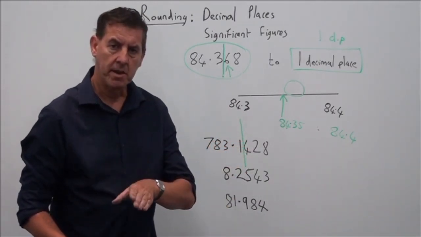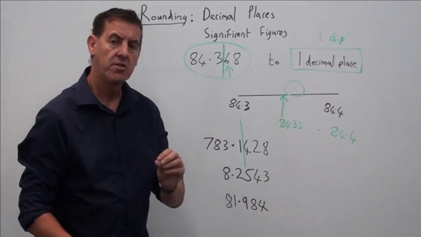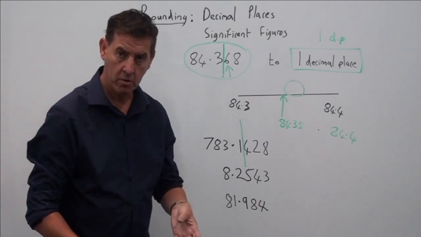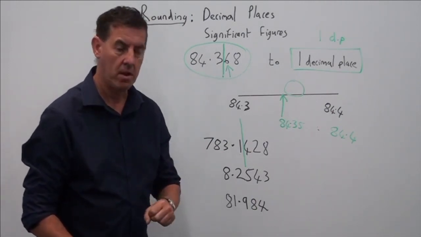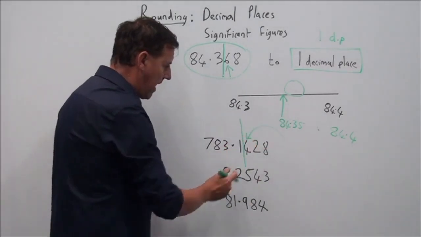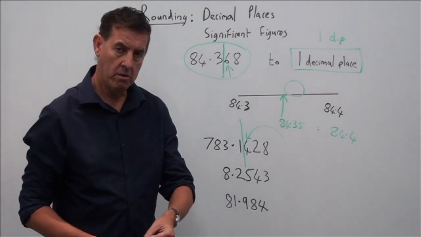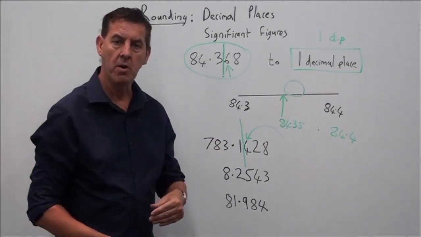And I've just got a choice to make. To 1 decimal place, this number is either 783.1 or 783.2. What determines it? It's that next digit. That next digit is a 4. Remember, if it's less than 5, we don't need to go up.